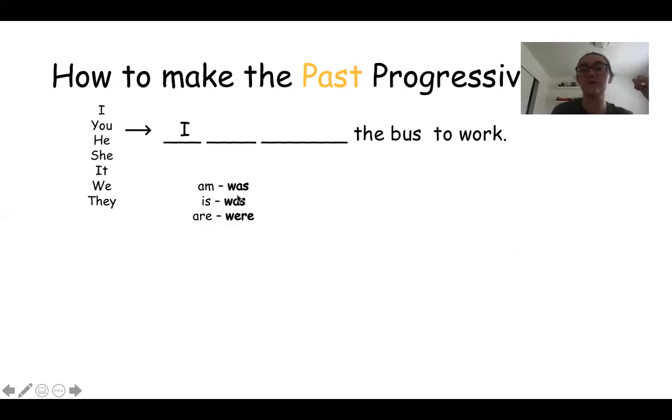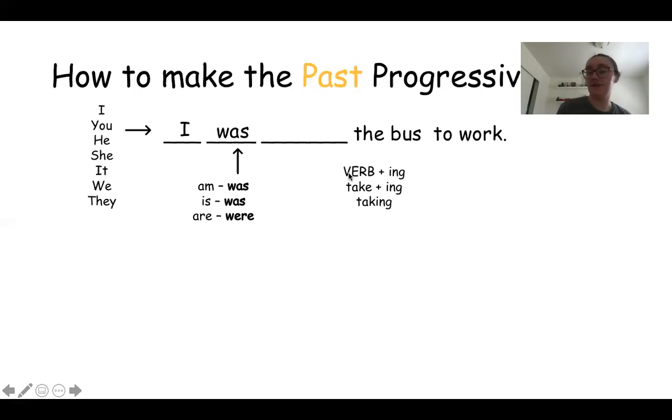So to change it into the past, am and is turn into was, and are, the past tense, is were. So instead of saying I am, we say I was. And to make the progressive verb, remember that we take a verb and add an ing. So we take the simple present verb, take, right?